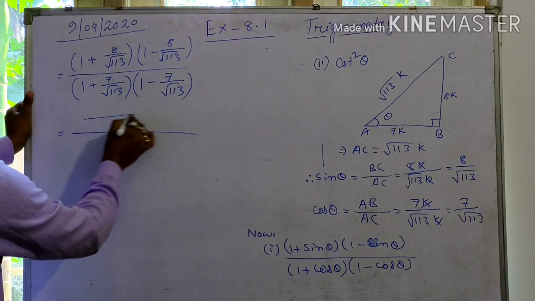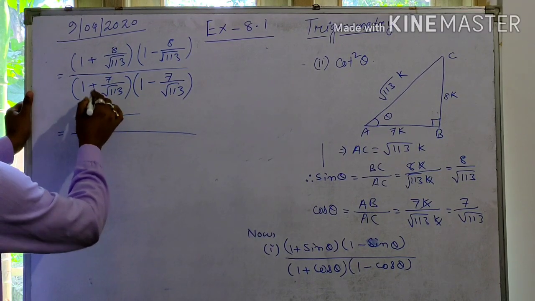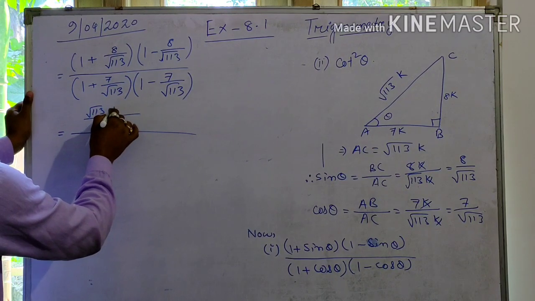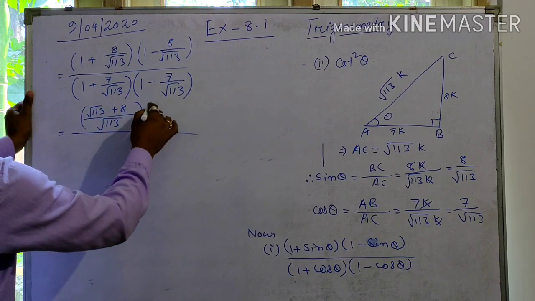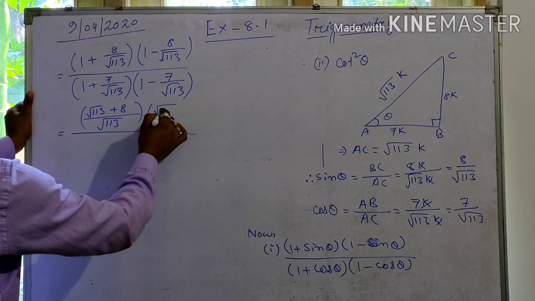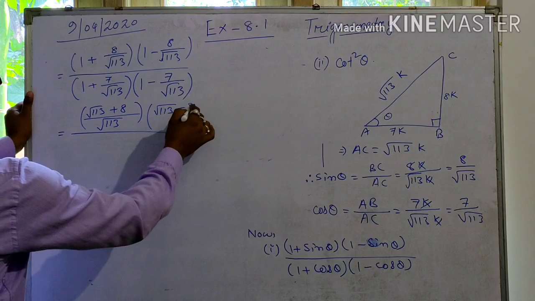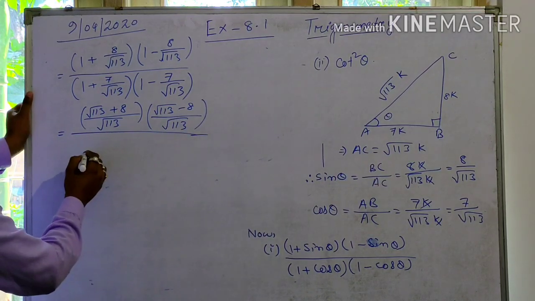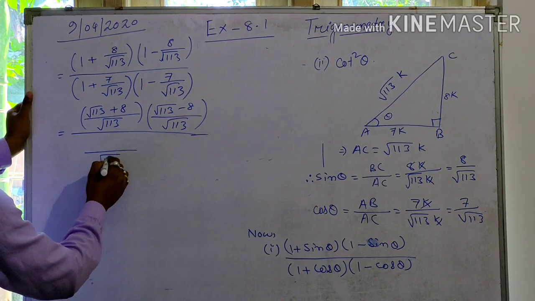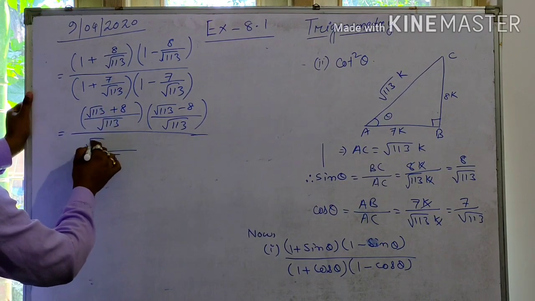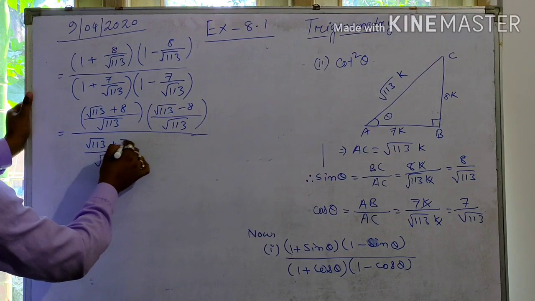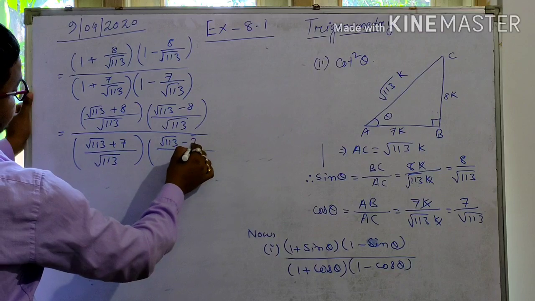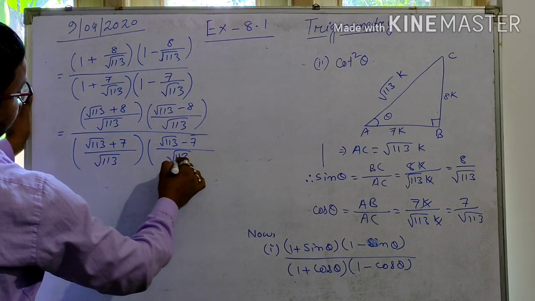In the numerator you get root over 113 plus 8 divided by root over 113, times root over 113 minus 8 divided by root over 113. In the denominator you also get root over 113 plus 7 divided by root over 113, times root over 113 minus 7 divided by root over 113.